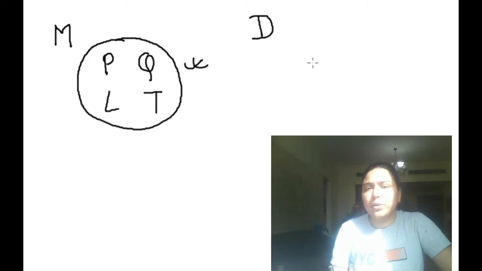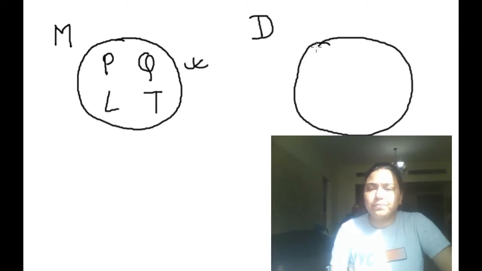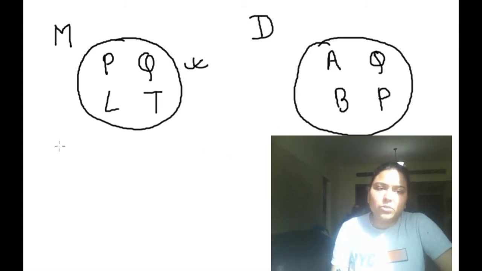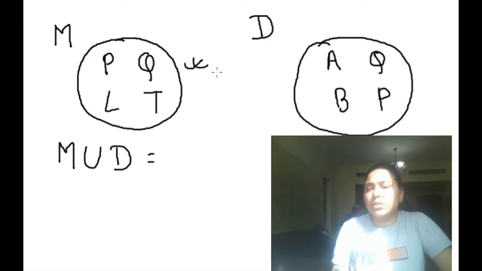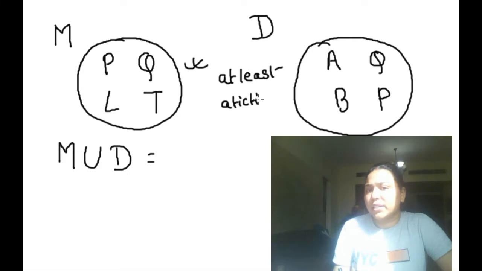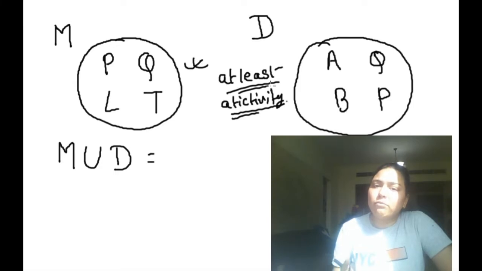And we have a set of some people who like dance: A, Q, B, P. Again we are going to write M union D, which means we are writing the name of each person following at least one activity. At least one activity means it can be more than one, but one is the minimum criterion.